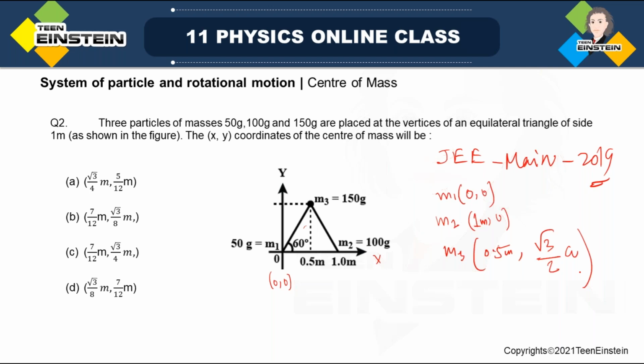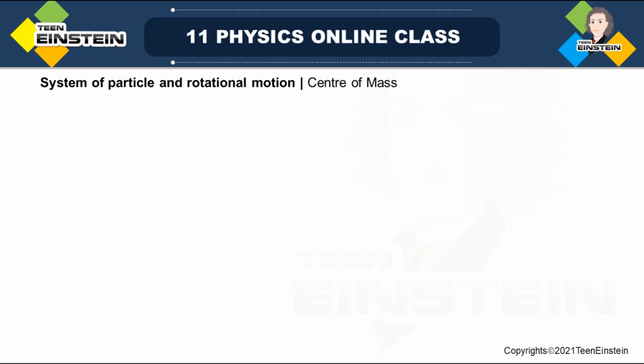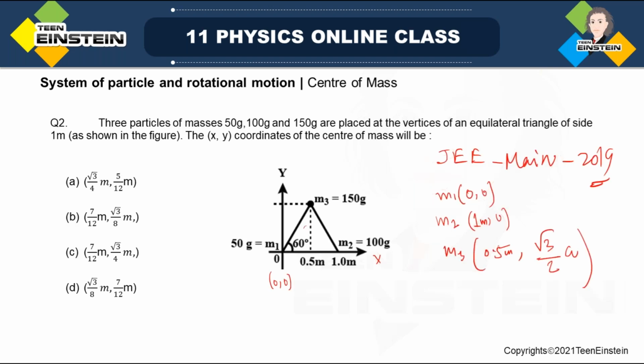Okay, so we have got the coordinates. Now we can easily find out the center of mass coordinate, and we know how to calculate. So let us do the calculations here itself if possible.